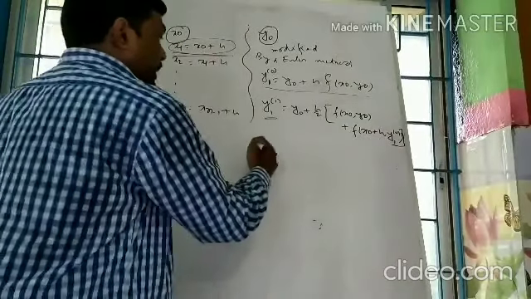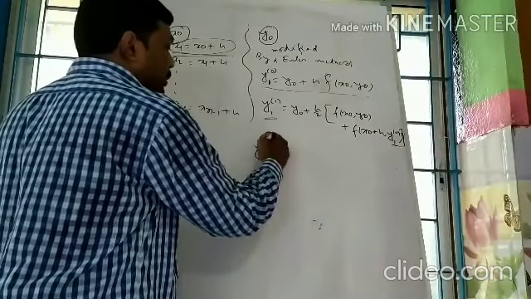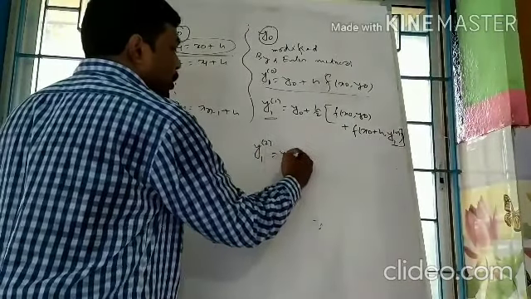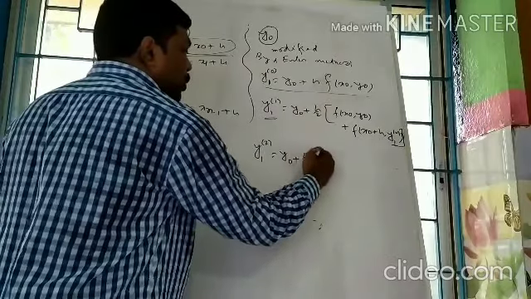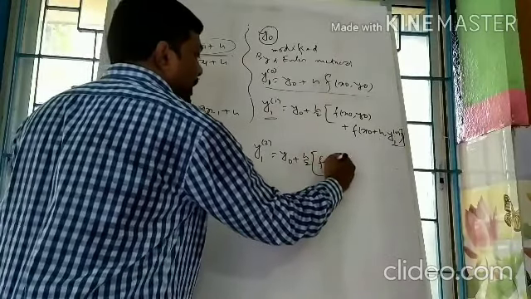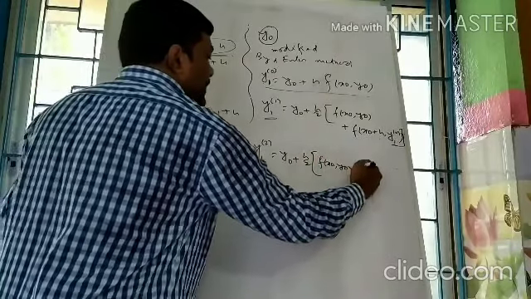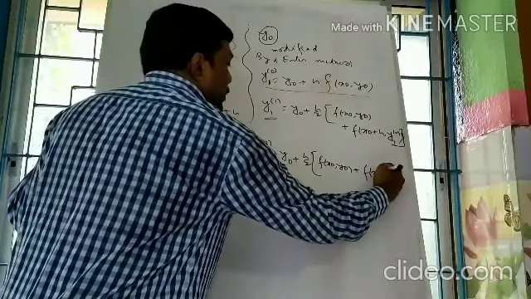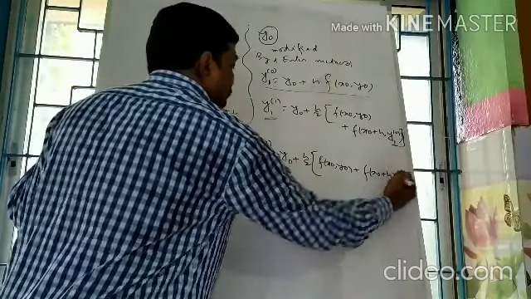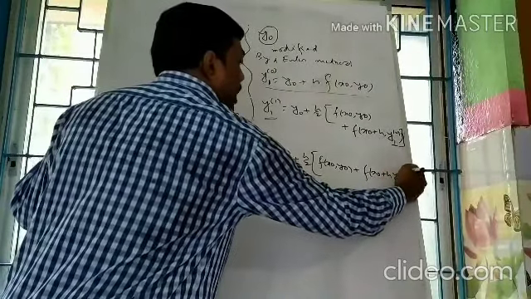Next, the second approximation of y1, y1(2), is y0 plus h by 2 times [f of x0, y0 plus f of x0 plus h, y1(1)].